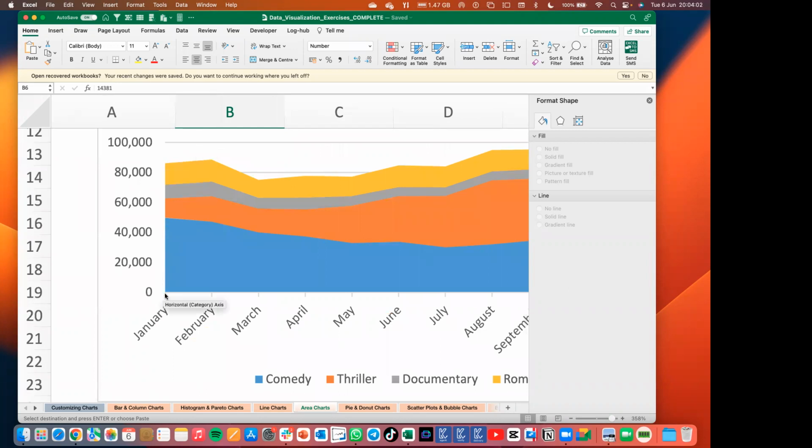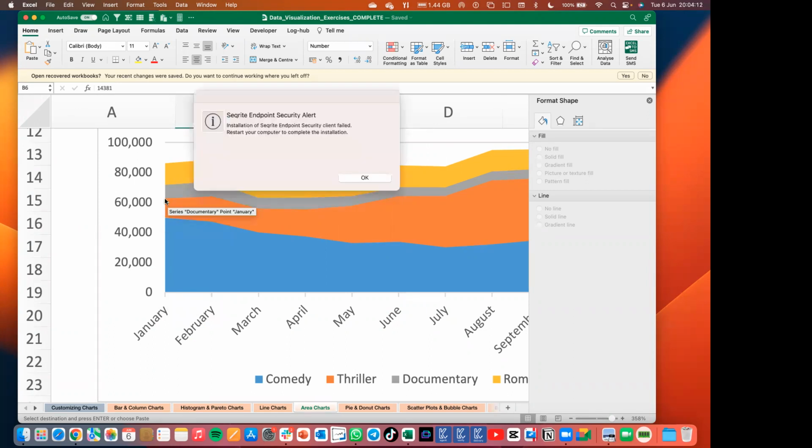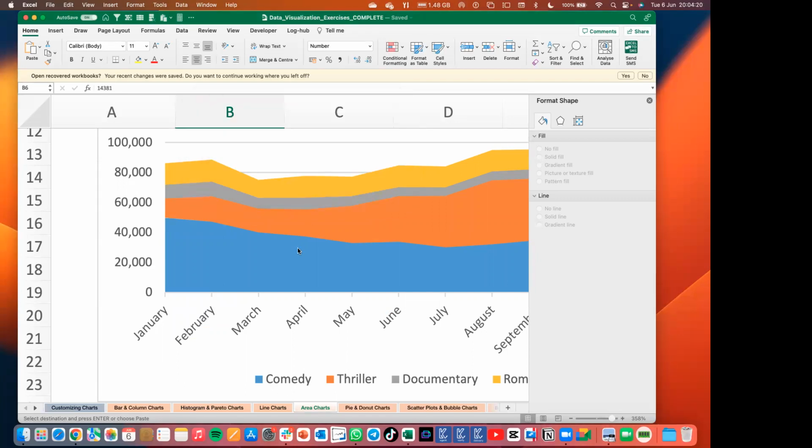That's what it means. For the blue, it peaks from here up to there. Then the orange, which is thriller, is peaking from here up to there. Then documentary is peaking from there up to there. So that's how the area chart reads.